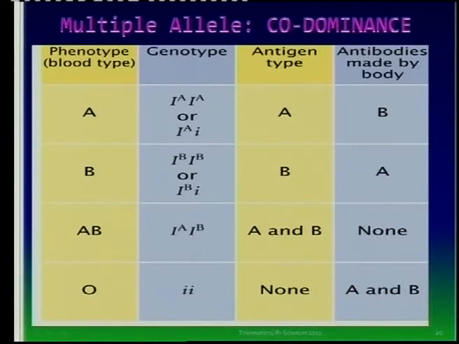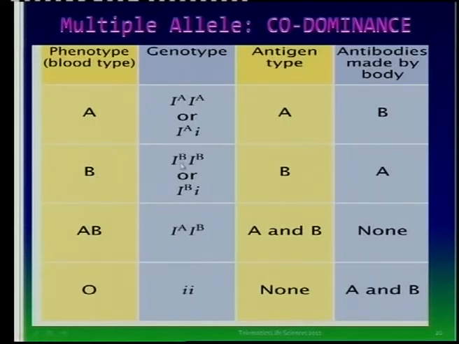If you look at the genotypes, these are phenotypes. If you look at the genotypes, we actually have 3 alleles. It's a dominant A, a dominant B, and a recessive. So it's I with an A, which is homozygous, or it can be heterozygous, dominant A and i.